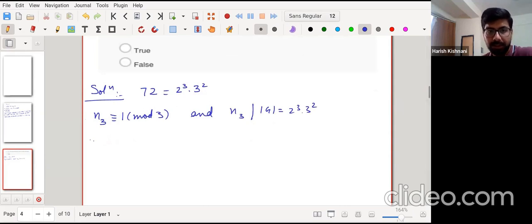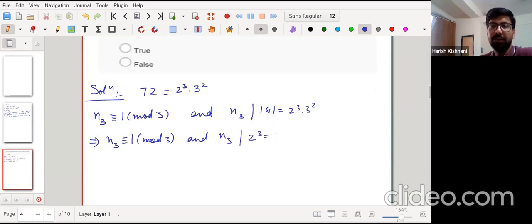So this implies n3 is congruent to 1 mod 3, and n3 divides 2 cubed, which is 8, because n3 is already co-prime with 3.